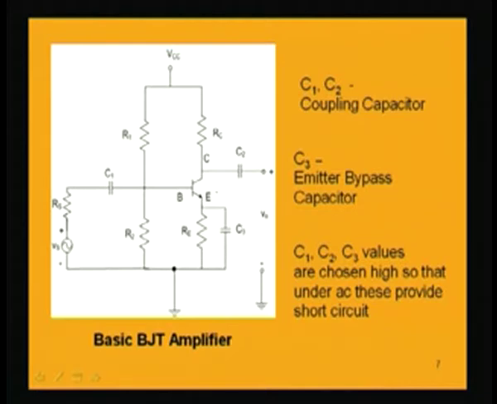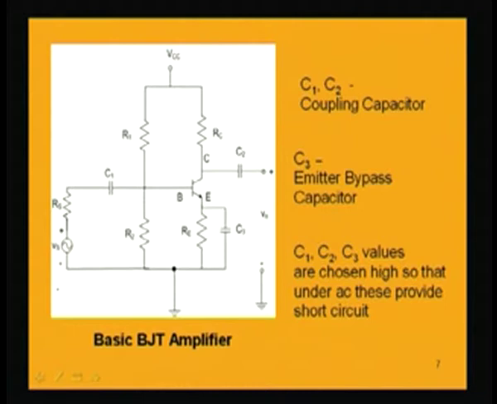Another purpose this coupling capacitor is serving is that the DC voltage which is used for biasing should not reach the source Vs. That means we are interested in only amplifying this AC signal. This voltage which is present for biasing only should not be affecting this source.